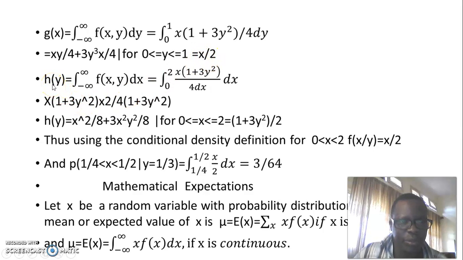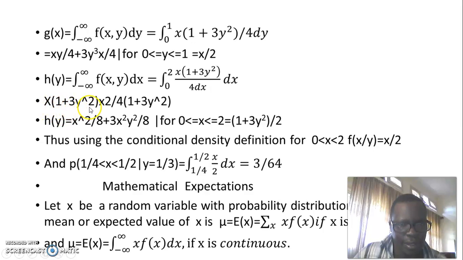And the marginal distribution of y is equal to the integral of the joint distribution of x, y with respect to x, over the interval where x is 0 to x equals 4 of the joint probability distribution x times (1 plus 3y squared) over 4 with respect to x.